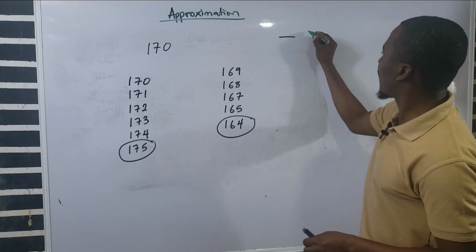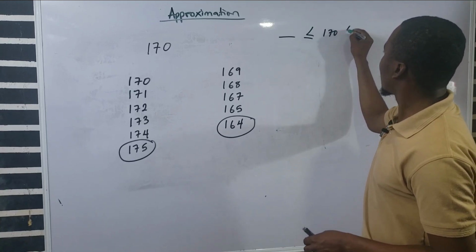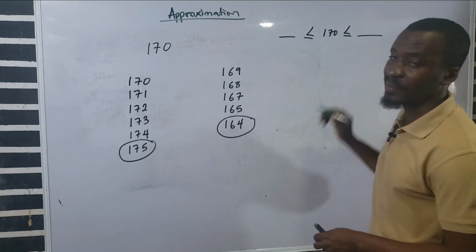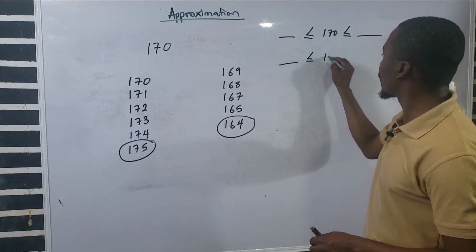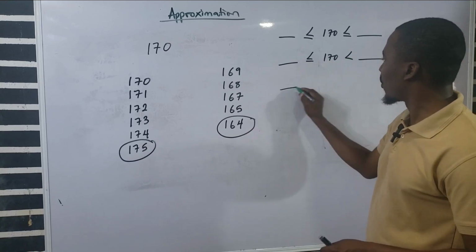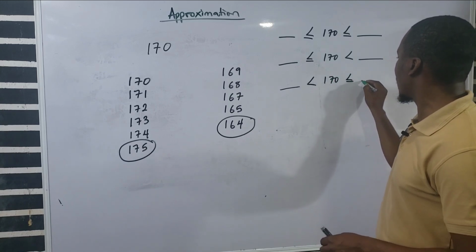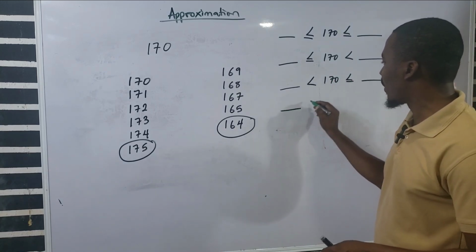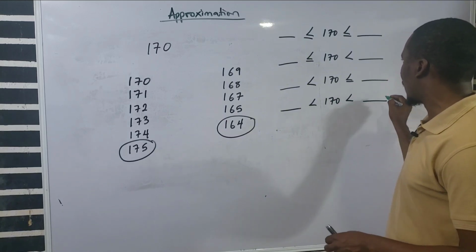If I have a number less than or equal to 170 less than or equal to a number, and a number less than or equal to 170 less than a number, and a number less than 170 less than or equal to a number, and a number less than 170 less than a number.